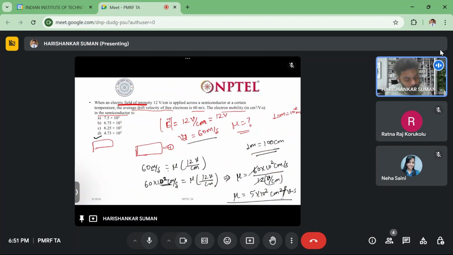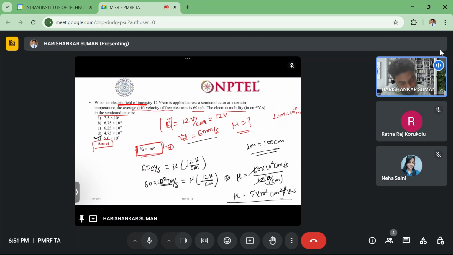Next question, please see. You have to use drift velocity equal to mobility times the electric field. What is given? An electric field of intensity 12 volt per centimeter is applied across the semiconductor, which at a certain temperature has a certain drift velocity. Vd is also given. The mobility we have to find.